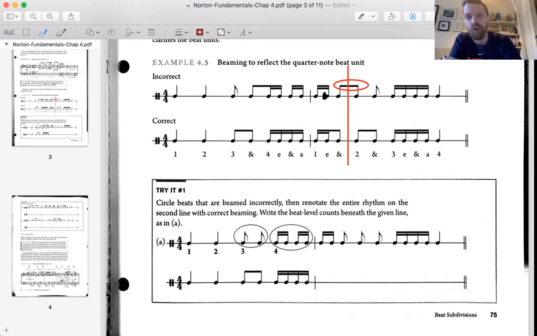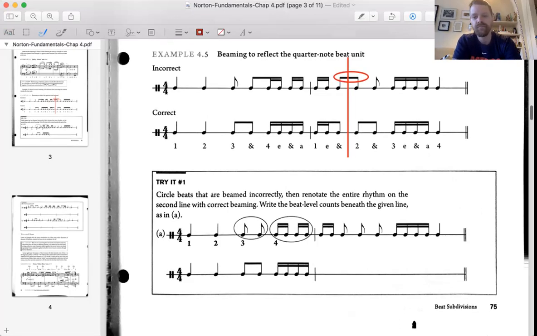You are beaming across beats. Huge, huge no-no, right? So this is the correct way down here. This beam beams just inside of beat 1. Beat 2 has a new beam only inside beat 2. And this beam is a big problem, okay?